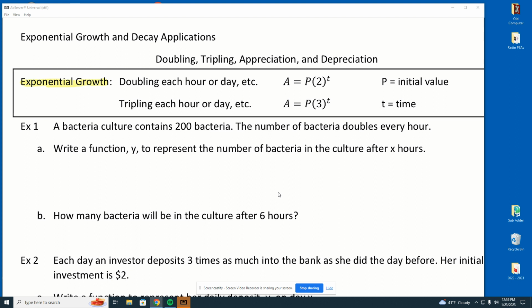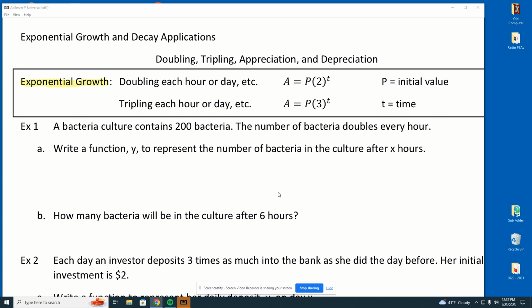So we have 2 formulas that are special in the fact that you just see them quite a bit. And there's a quick formula that you can use to solve when your money, or whatever it is that you're dealing with, has doubled or tripled. So here's what it is. A equals P times the base to the power of time. A is the total amount you would have after a certain amount of time, okay?